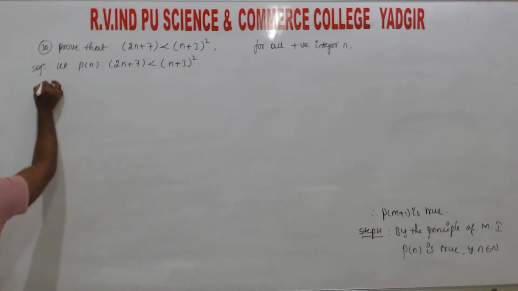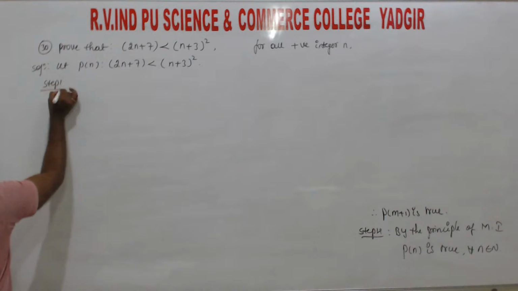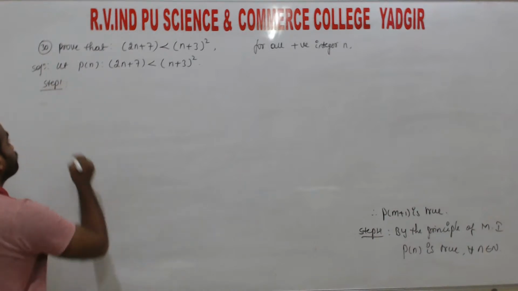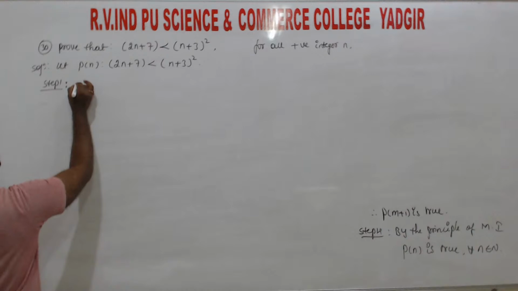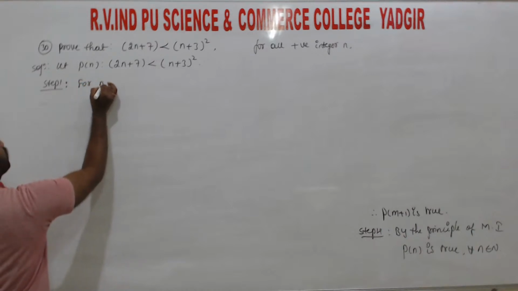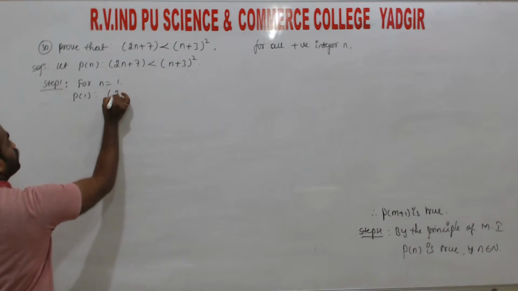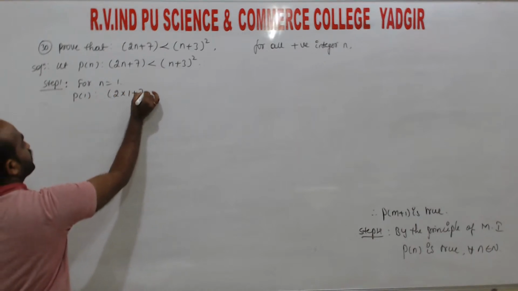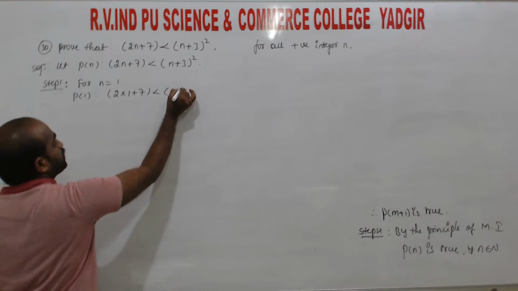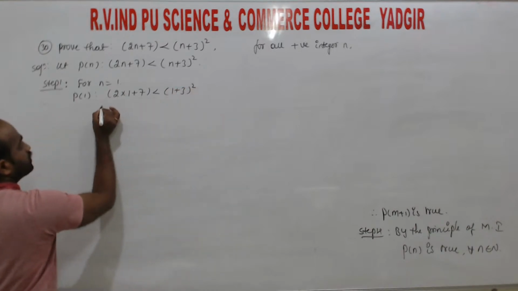Okay. Step 1. For n is equal to 1, P of 1: 2 into 1 plus 7 less than 1 plus 3 whole square.